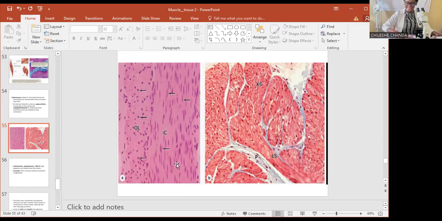And these ones that are going to look long are circularly oriented.